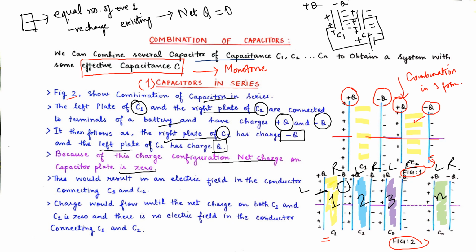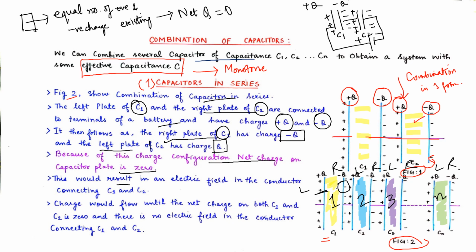You will be saving 0 money. So this is what is happening. The amount of positive charges and negative charges in this system of capacitors is equal, and hence when we see these two plates as one entity, what does it come to? It comes to be 0. Net charge turns out to be 0.